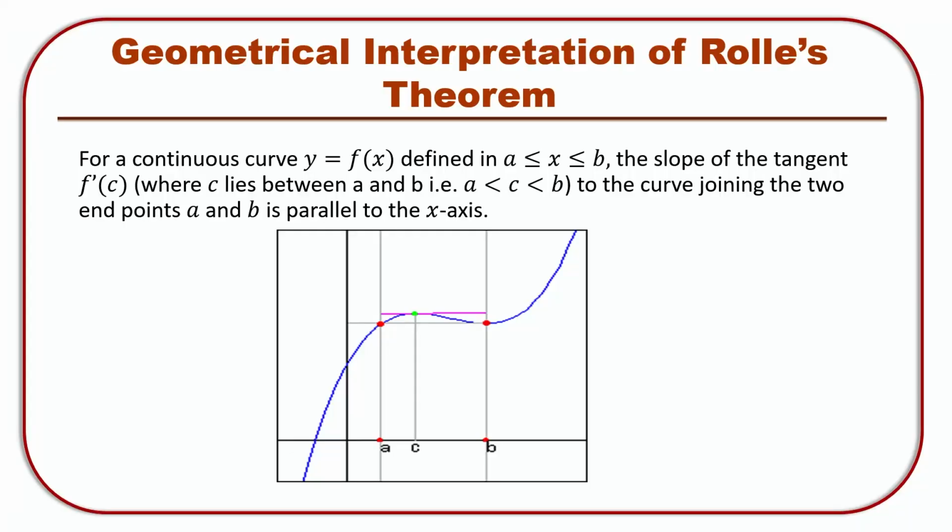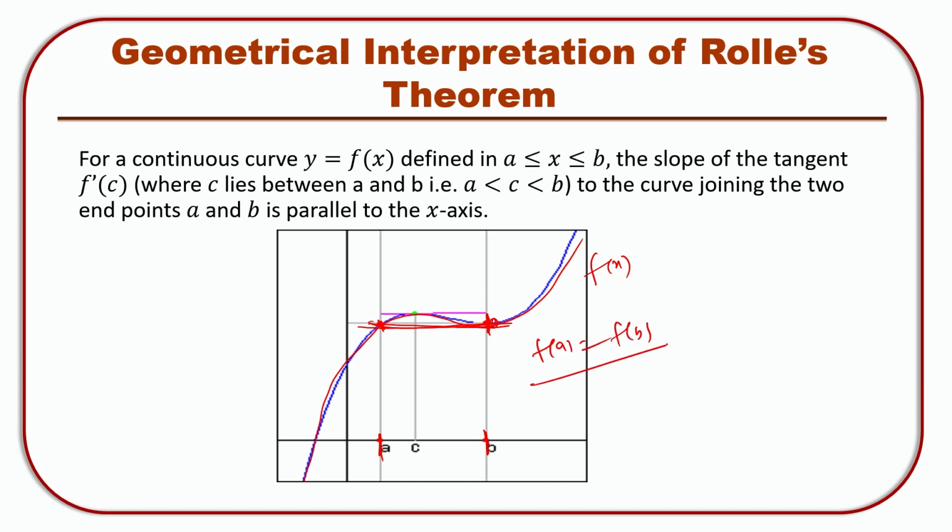As you can see here, this is the curve of the function f(x), and this is a closed interval [a, b]. Here the values at both end points are the same, f(a) is equal to f(b).